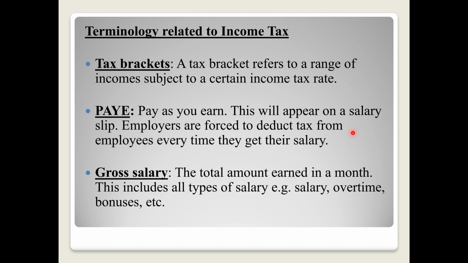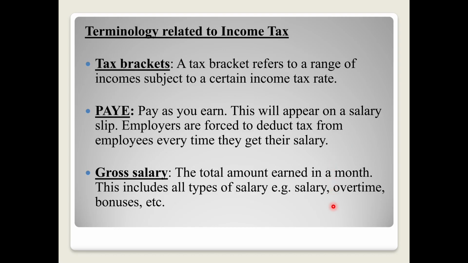This will appear on your salary slip. Employers are forced to deduct tax from their employees every time they get a salary. So if you get paid a salary, then 12 times a year, they will deduct your pay as you earn, which must be paid over to SARS.